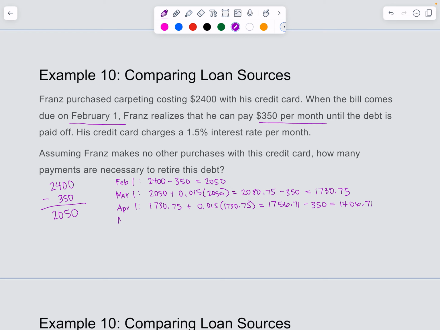Okay. May, $1,406.71. We add interest. We get $1,427.81. He makes a payment. Then we are down to $1,077.81.